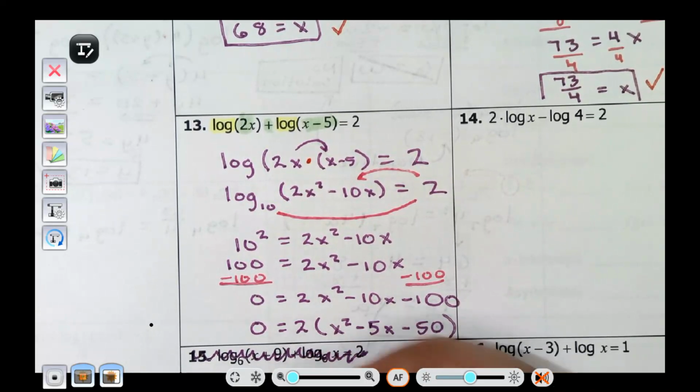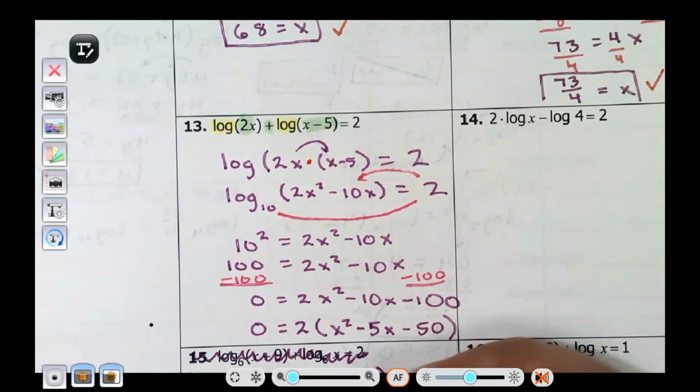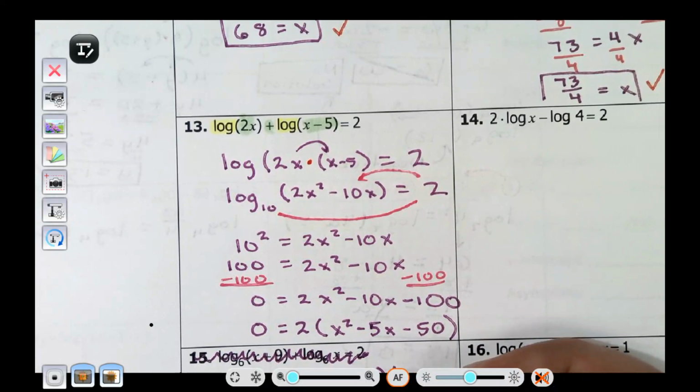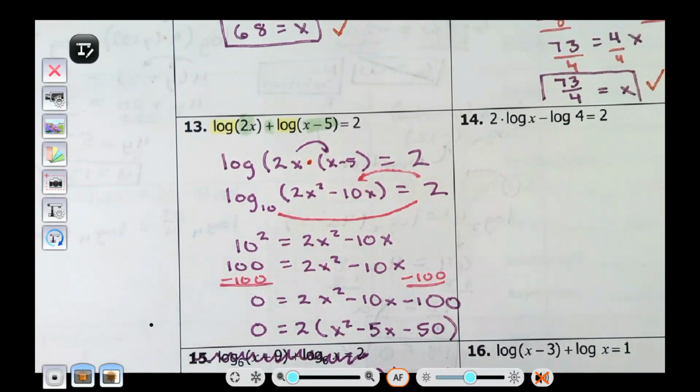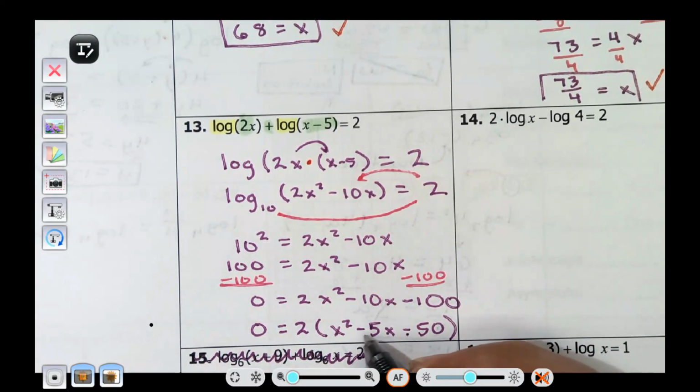Now we can factor. Get my 2 parentheses going here. All right, so we're looking for 2 numbers. They're going to multiply to get me a 50, but they're going to subtract to give me a negative 5. So the only numbers that multiply to 50 and subtract to a 5 are 10 and 5.